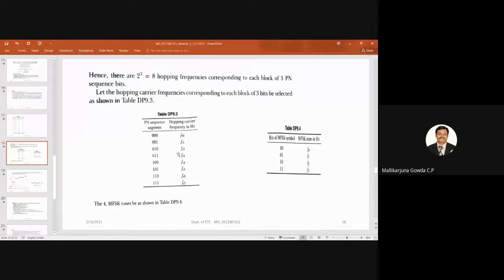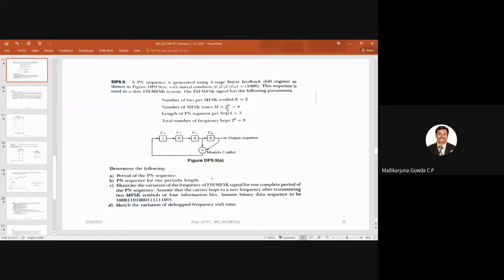For MFSK, the problem gives that the number of bits per MFSK symbol is 2, so the number of MFSK tones will be 4.